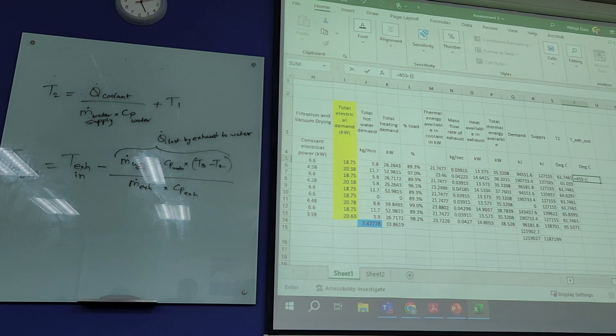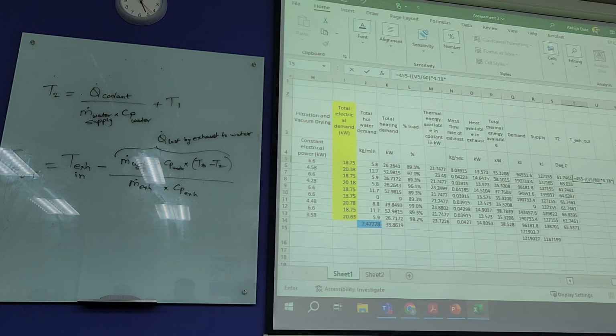The mass flow rate of that one is the mass flow for exhaust, in kg per second. So you don't need to divide by 60 because it's already per second. You just times the mass flow for exhaust, times 1.005.